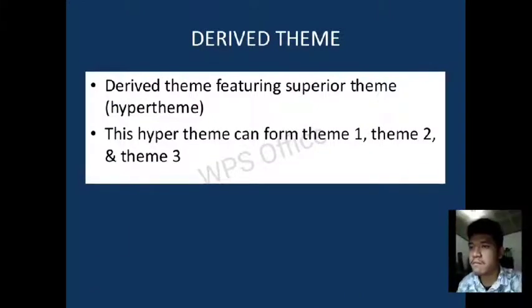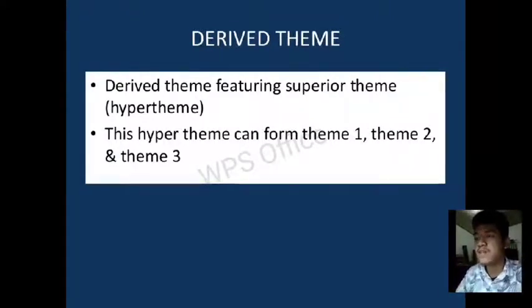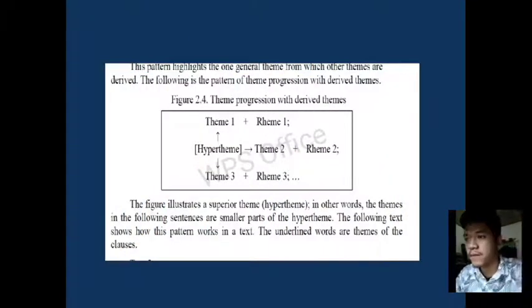Derived theme. Derived theme features a superior theme, or we can call it hyper theme. This hyper theme can form the theme in every sentence in the text. Now let's see this one.